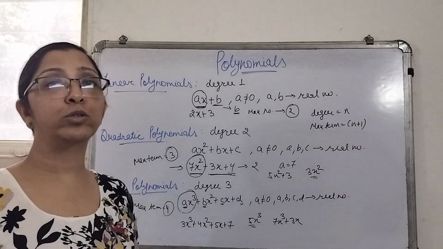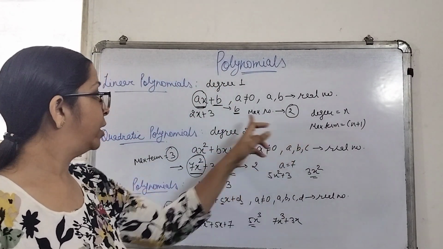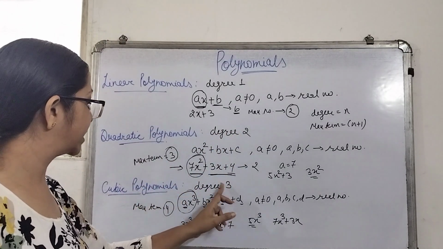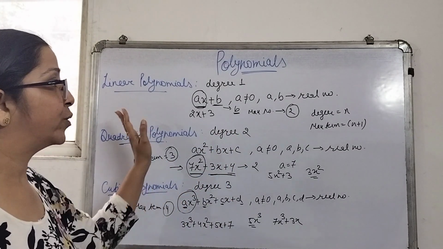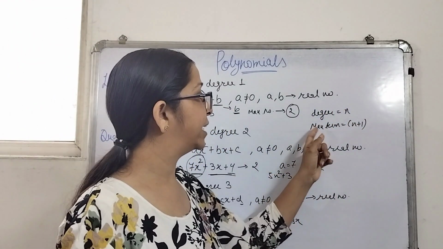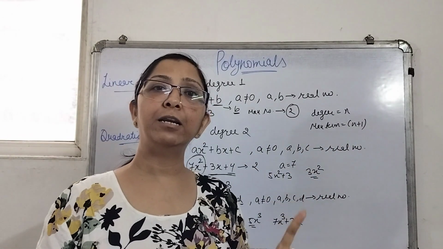For degree 1 the maximum terms were 2, for degree 2 it was 3, for degree 3 it was 4. So if the degree of the polynomial is n, the maximum number of terms could be n plus 1.